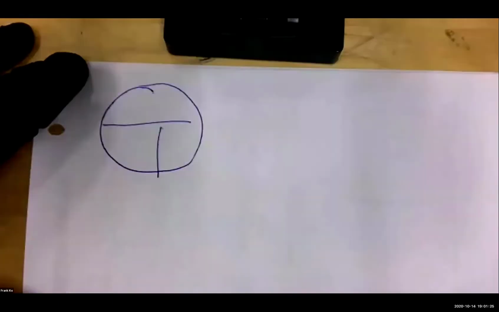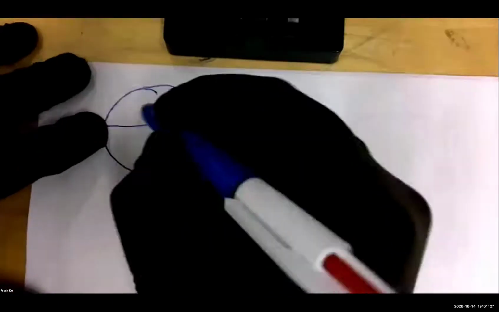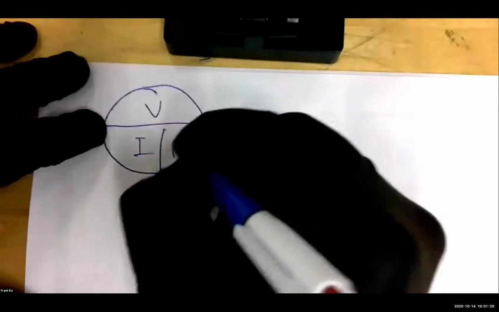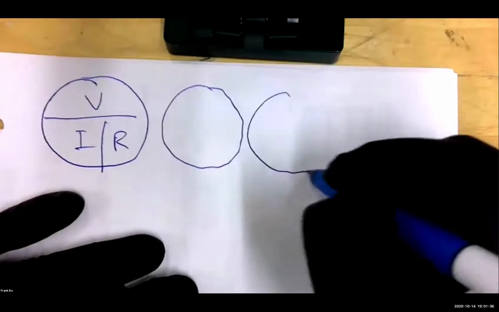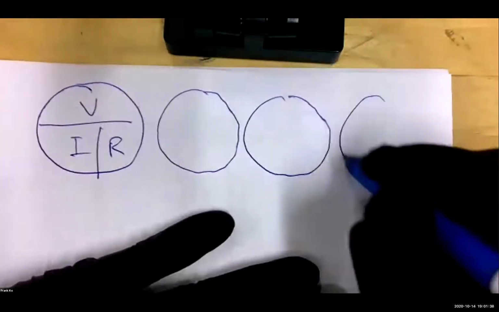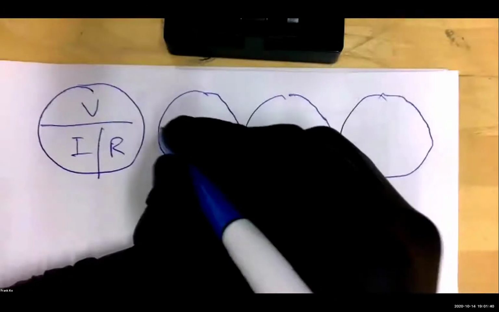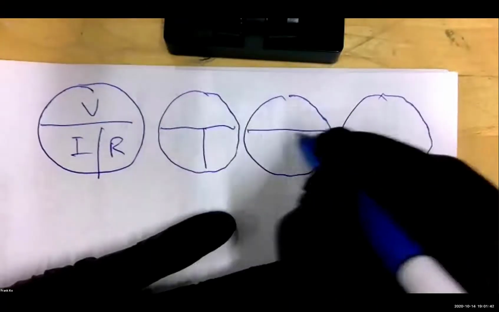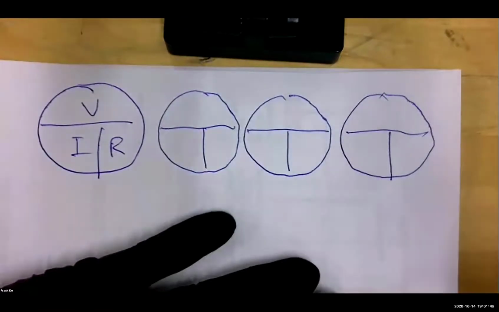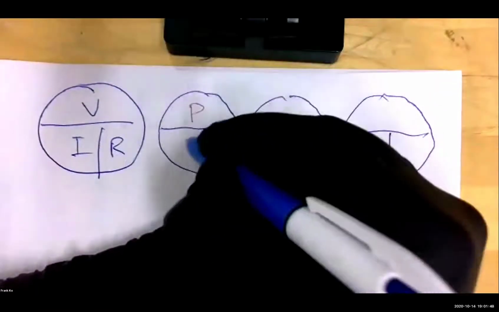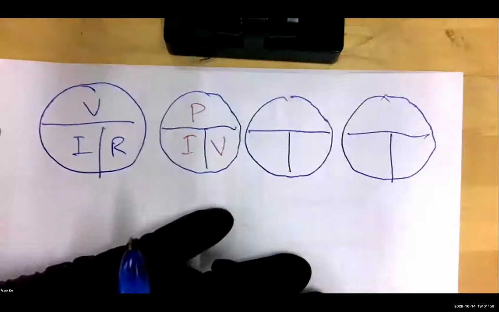All right, so you always have had VIR for Ohm's law. In addition to Ohm's law, you had three additional circles called Watt's laws. And for Watt's laws, what were the formulas that we used? The most common one is P equals IV, yes?